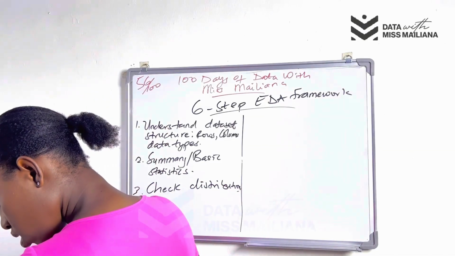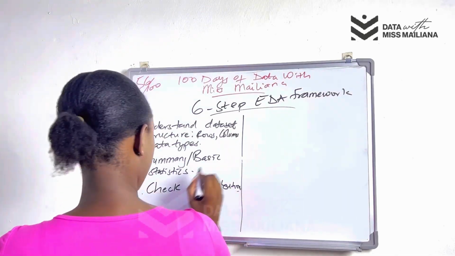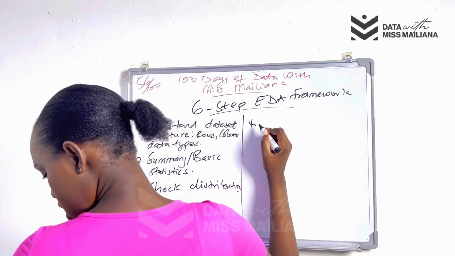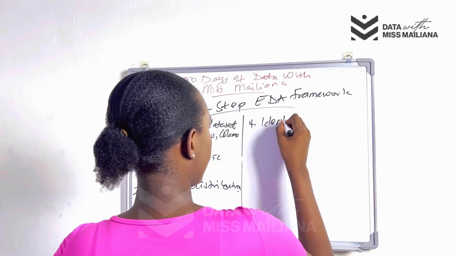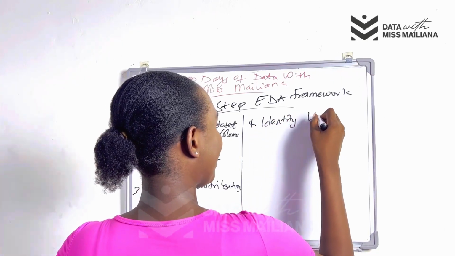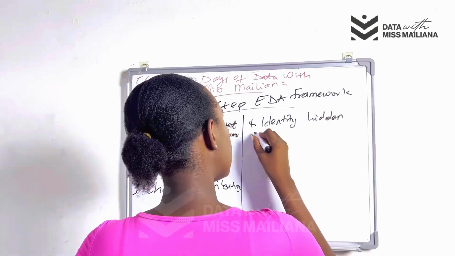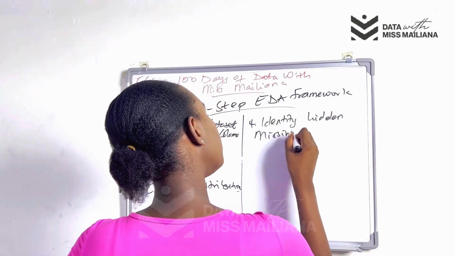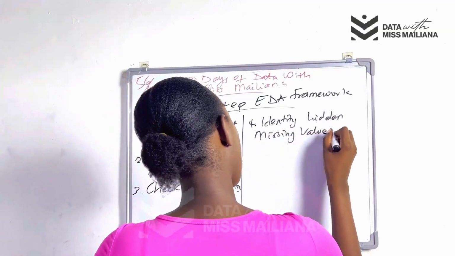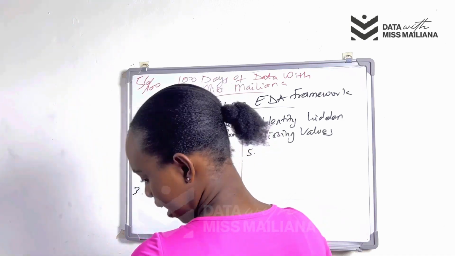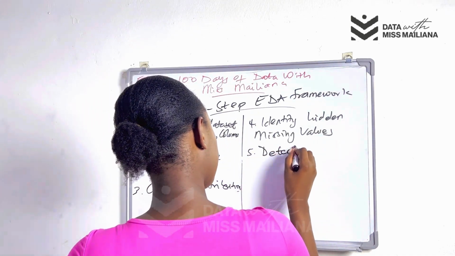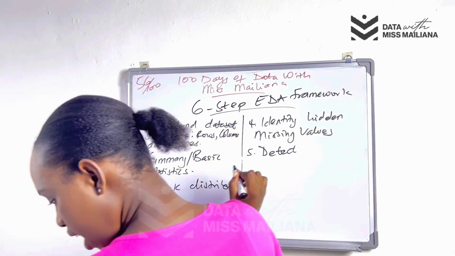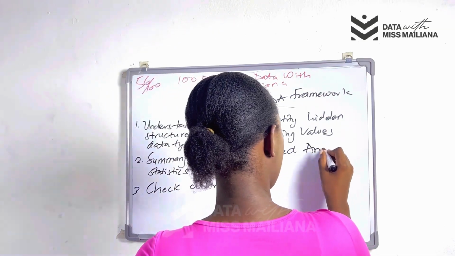All right. And number four will be identify hidden missing values. Right. Number five is detect anomalies.